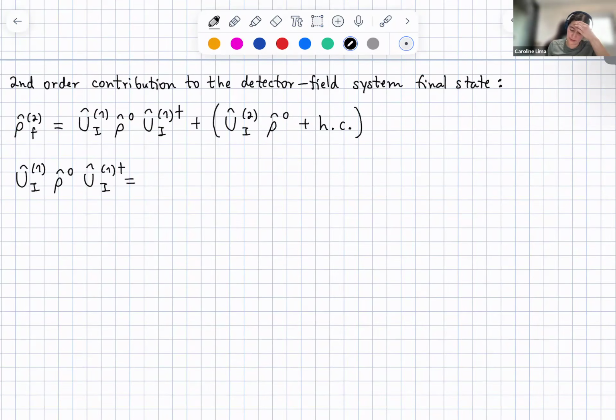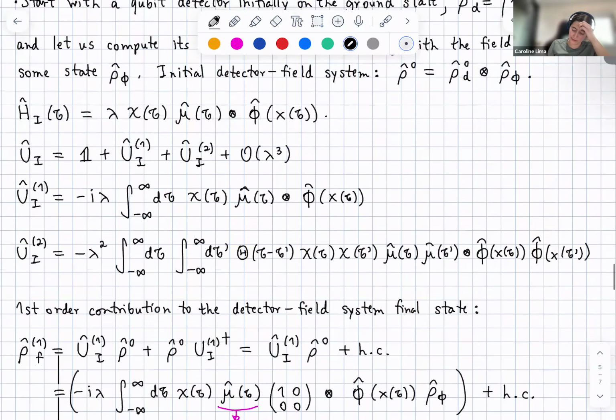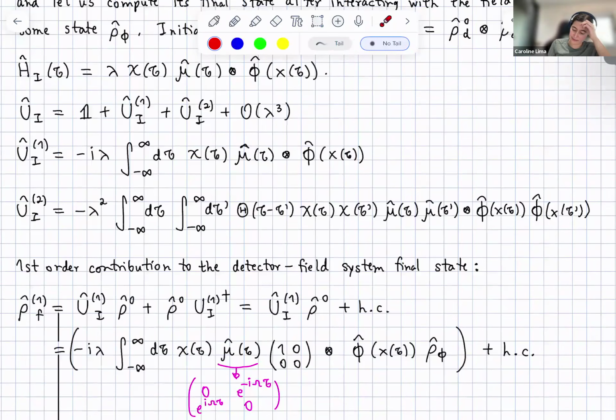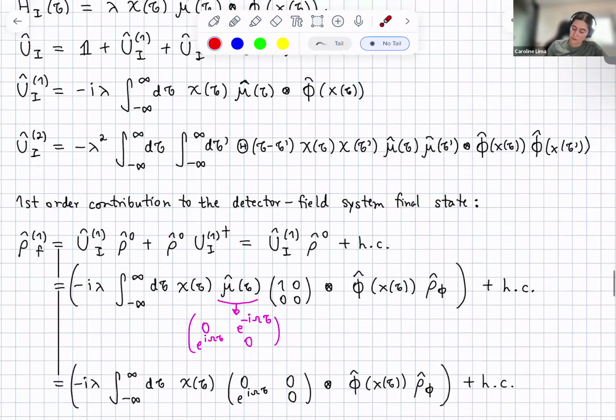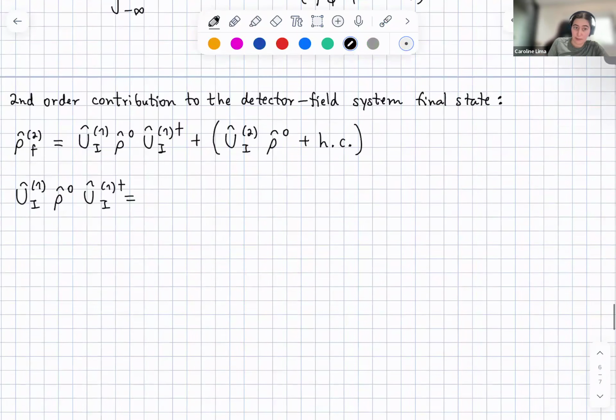Okay, if we remember, we had minus i delta lambda here, and then the other side is going to be with the complex conjugate, right? We want the Hermitian conjugate, so the other one is going to come with a plus i lambda. So I'll get a plus here. So it's going to be plus lambda square times the integral from minus infinity to infinity of d tau, and minus infinity to infinity of d tau prime.